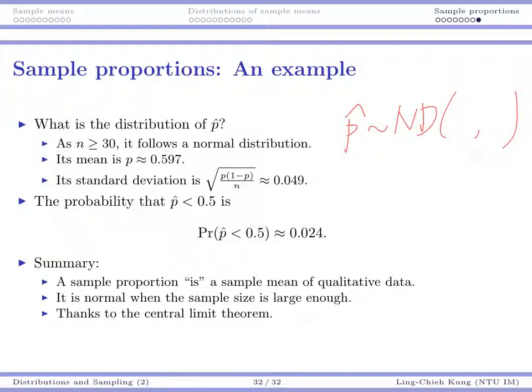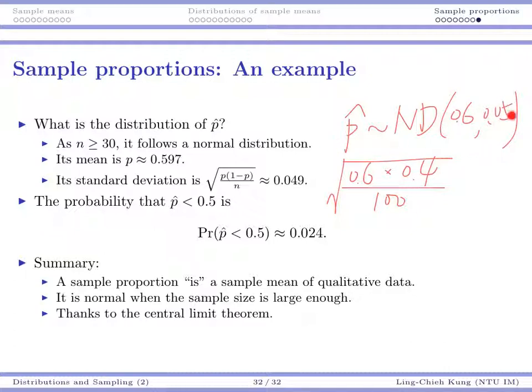Okay, so we have around 0.6, and the standard deviation is calculated in this formula. P is 0.6. So let me write it down. P is 0.6 times 0.4 divided by 100 and the square root of it. Okay, you can calculate it as around 0.05, nothing special.